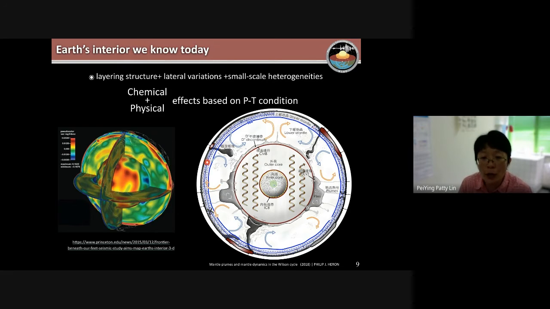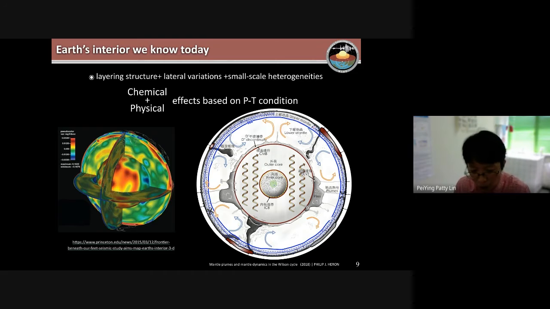You can see we not only have a layering structure across the mantle and core, but also a slab subducted into the mantle, material going up, and anomalies at the bottom of the mantle. We know them based on seismological observation, and this can tell us the chemical and physical properties of these different structures, and then the pressure and temperature conditions in the Earth.